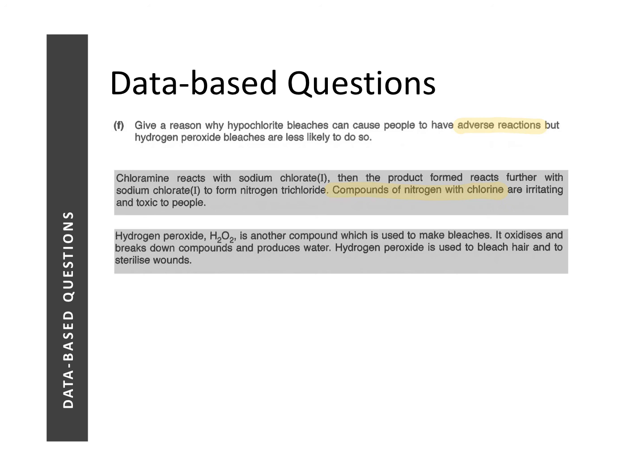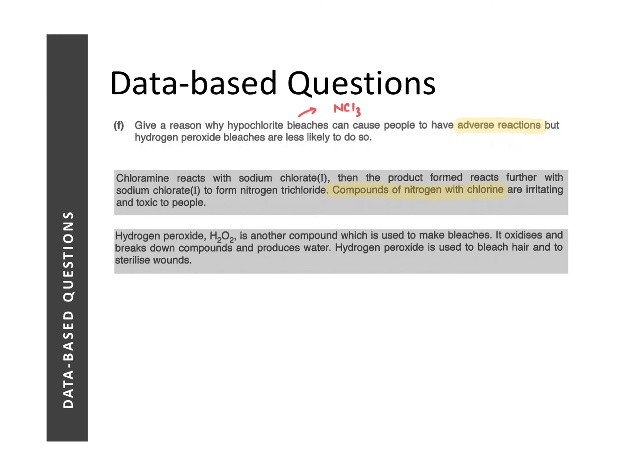So the question requires you to make reference to this part and talk about hypochlorite bleaches. It will produce NCl3, which is irritating and toxic to people because it contains nitrogen and chlorine.